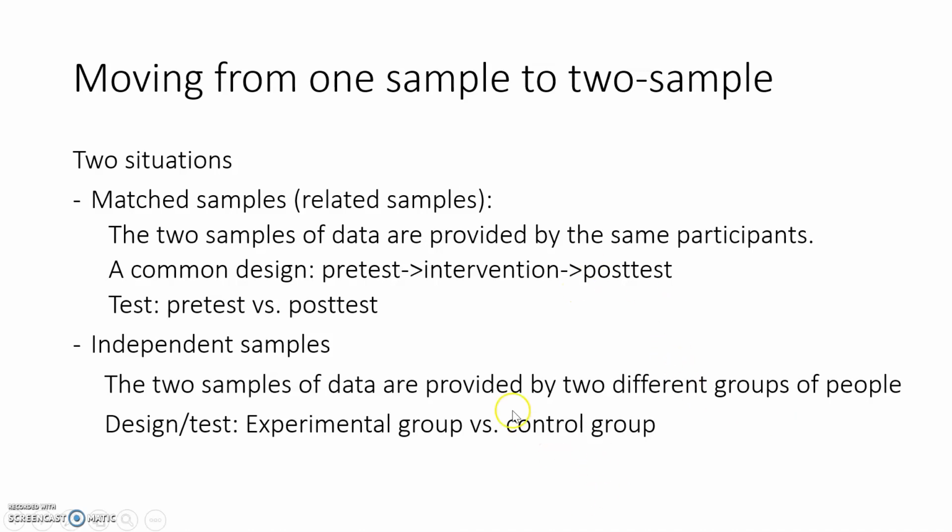So in this situation, if I want to do independent samples, I'm probably going to recruit 20 people, okay? And then I'm going to randomly divide these 20 people into two groups. One is called the experiment group. The other one is called the control group, okay? So for these 10 people in the experiment group, I'm going to ask them to get enrolled into this workout program in my gym.